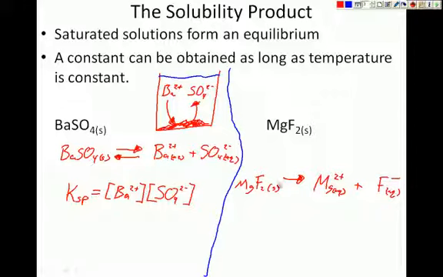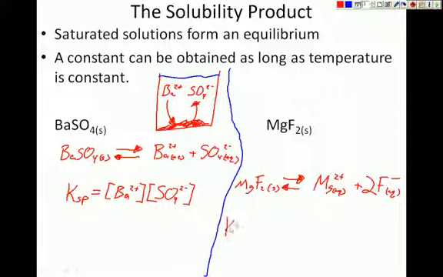Now we have to balance this. There's two fluorines here, and there's only one here, so we need to put a 2 right there. Now we can come up with our KSP expression. We use the same rules for making a KEQ expression as we do for a KSP expression.